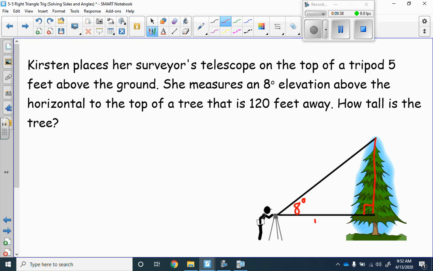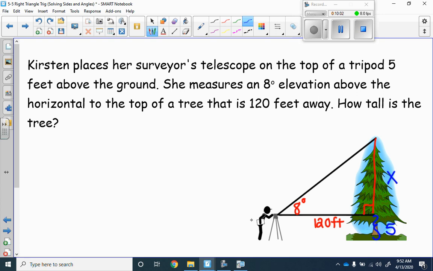We know the tree is going to be 120 feet away. Now, if we're trying to figure out how tall the tree is, be aware that we're going to have to add on this height here. That's the top of a tripod, 5 feet above the ground. So this distance from the bottom to that horizontal is going to be 5 feet.